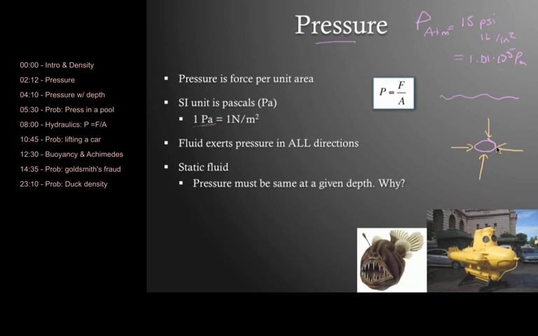And so the area that we're talking about is all over this object, basically. So this is why things that go deep down, like Jacques Cousteau's submarine or this deep sea anglerfish, are always really small. Basically, if you have a small amount of area, then you need a small amount of force to compensate for that pressure, or you'll be crushed.